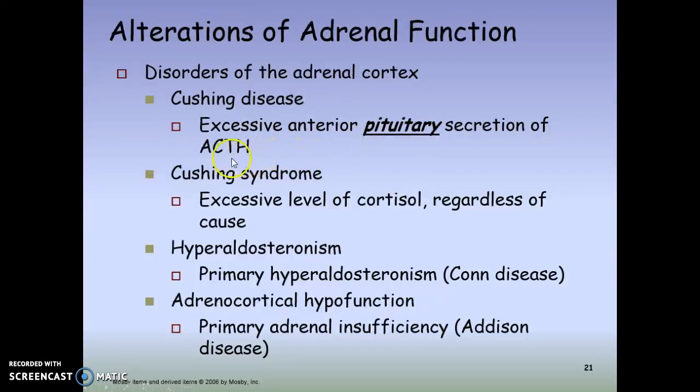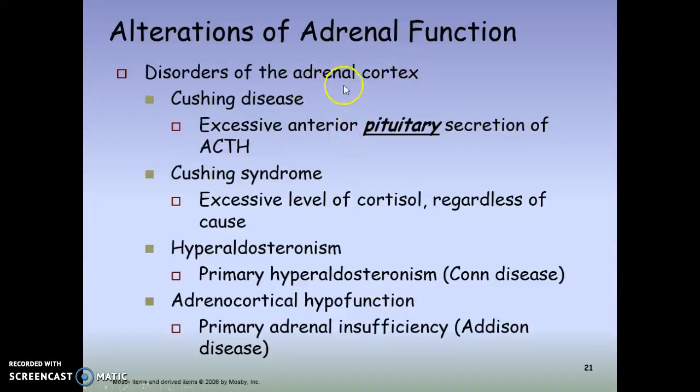All right, so ACTH is going to cause an increase in cortisol secretion, just like you have down here, but it's because the pituitary is secreting high levels of ACTH. With Cushing syndrome, you have excessive levels of cortisol, regardless of the cause. And this is going to be pituitary independent, and this could be a cancer of the adrenal cortex itself, right?